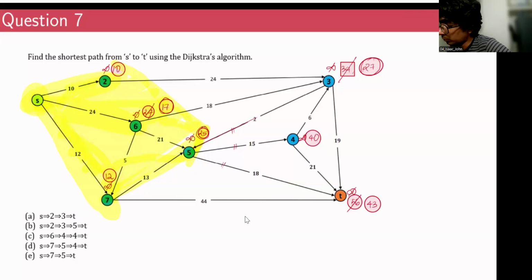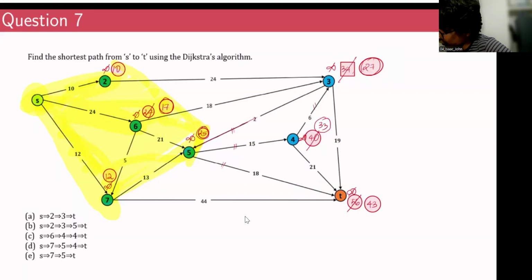Now, what is the lowermost cost? Now, the lowermost cost is this one, node 3, with the cost of 27. So expanding node 3 along node 4, that is 27 plus 6, that is going to be 33. That is less than 40. So I'll replace this 40 with 33.